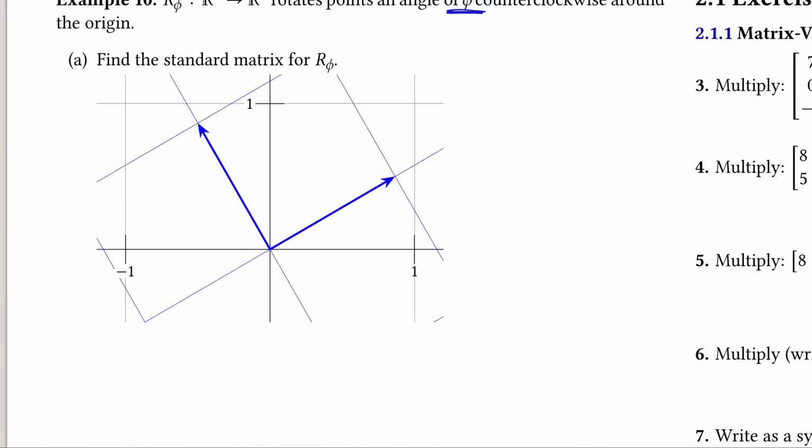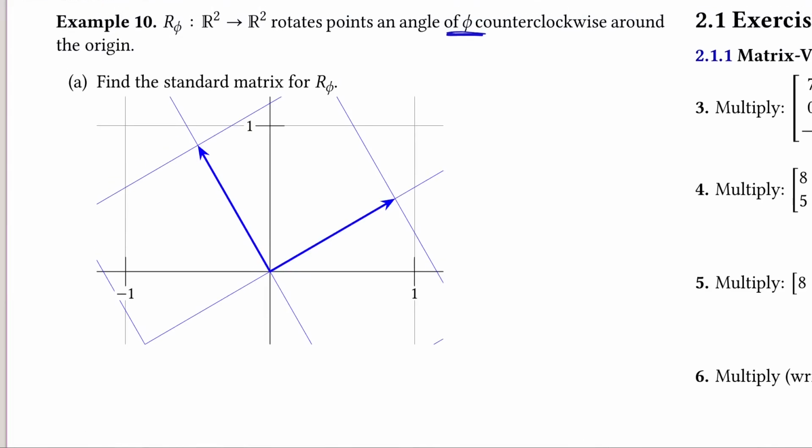So just so we don't have to draw difficult pictures here, we get a head start with this nice graph. So this is the angle phi that everything is rotating. In the picture, it looks like it's about 30 degrees or something like that. But this should work no matter what phi is.